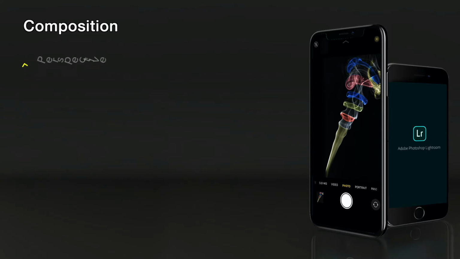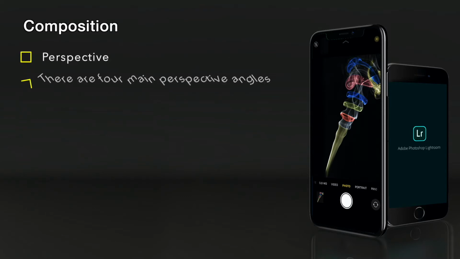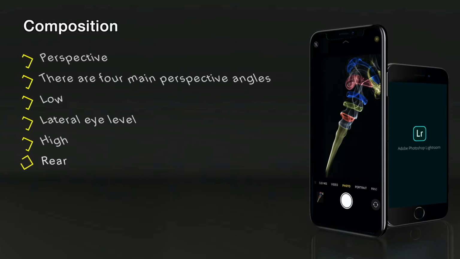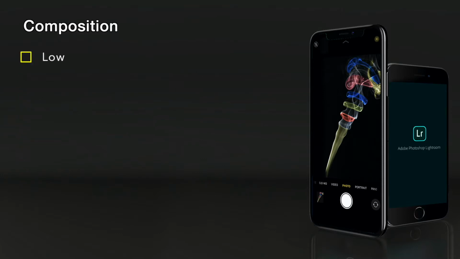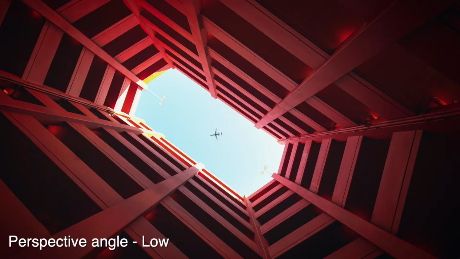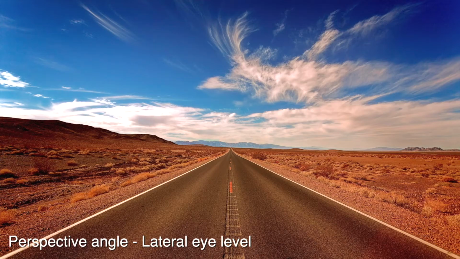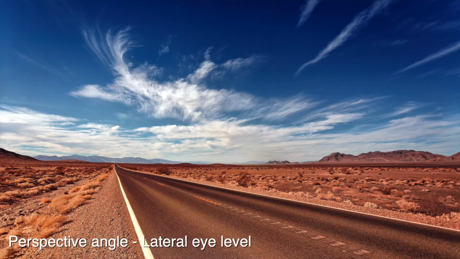Okay, let's start with perspective. There are 4 main perspective angles: low, lateral eye level, high and rear. Low is when we take the camera to the ground, or low angle to the subject and look up, i.e. looking up at a tall city landscape, lying on the ground looking at the skies through the trees, etc. Lateral eye level is taking the same shots from the center, but also trying the same shot but from a different angle, from the left or the right.